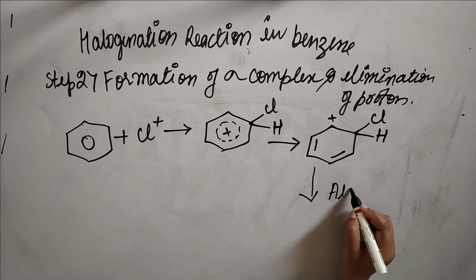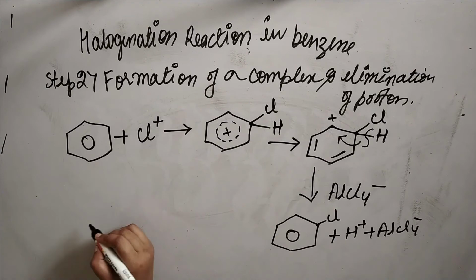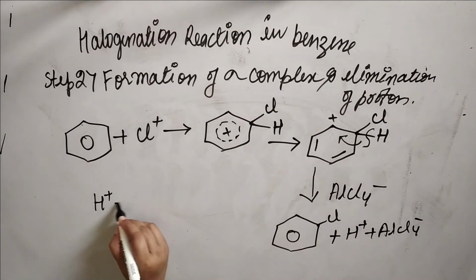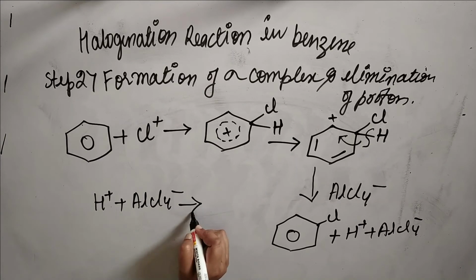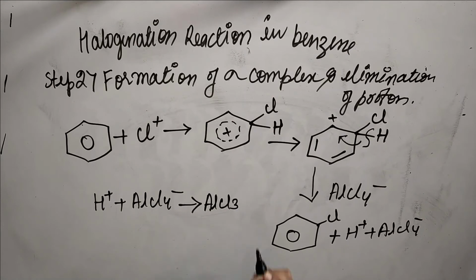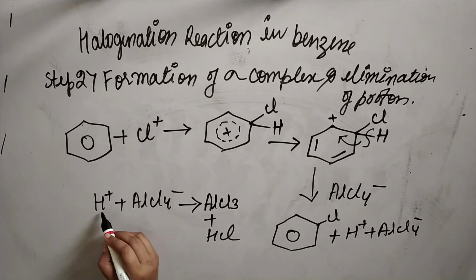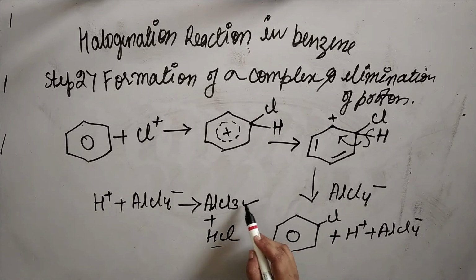Now it reacts with AlCl4 minus and the elimination of proton will take place. So this proton and AlCl4 minus will react and give again the AlCl3 catalyst and HCl. One of the chlorines forms a bond with this H plus ion and an HCl molecule will be liberated, and again the Lewis acid will be recovered.